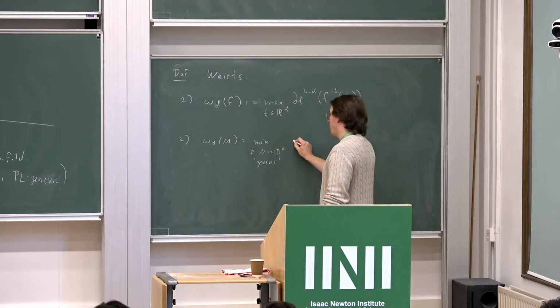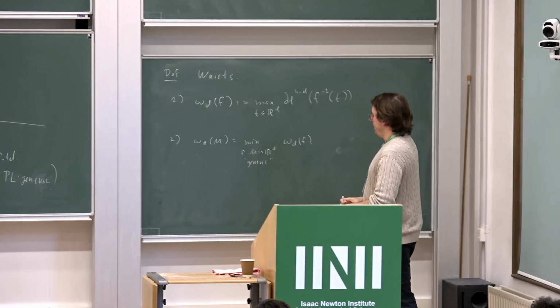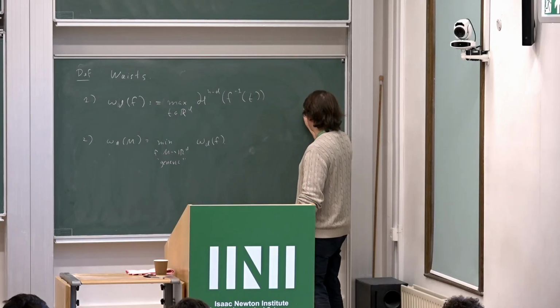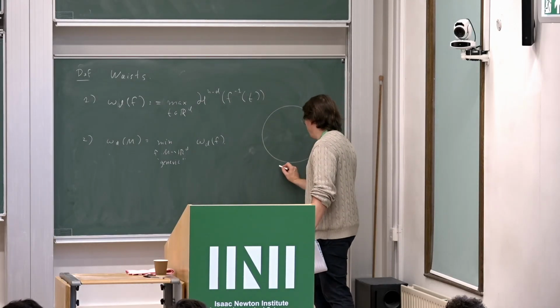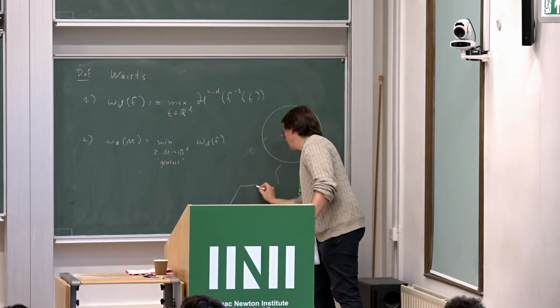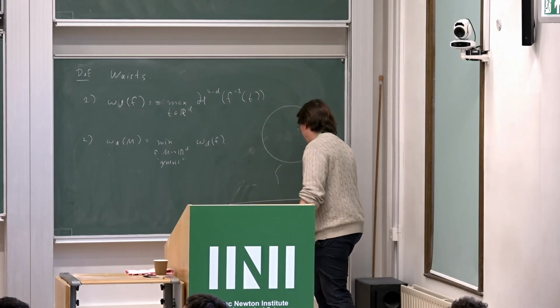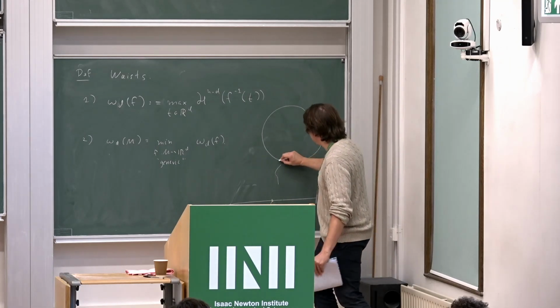And I look at the minimum of the waists. Maybe just to think about a concrete example, you can look at all possible maps from a sphere down to, I don't know, R. And we typically imagine that the preimage of a point in R would be some kind of curve.